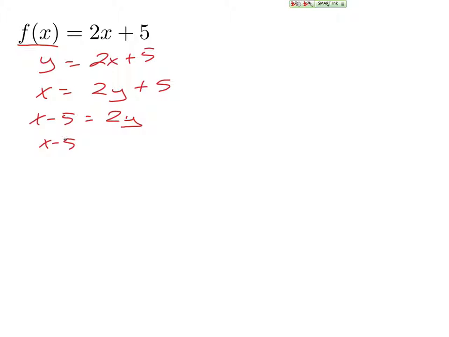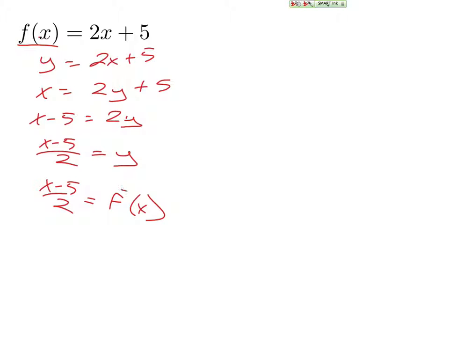Divide by 2. x minus 5 over 2 equals y. And then the final step is to put it back into function notation. So I'm going to do x minus 5 over 2. Since I started with f of x, I'm going to write that down, but I need a way to identify that it's the inverse. Does anybody know how to identify it as an inverse?